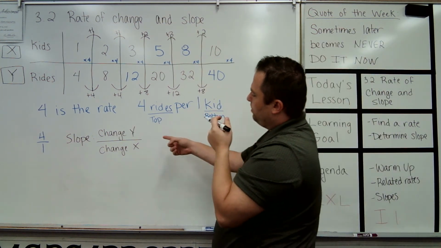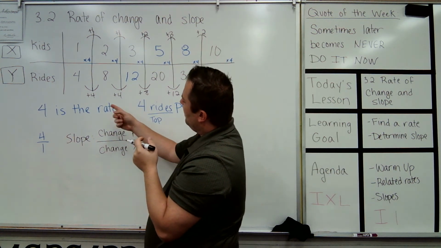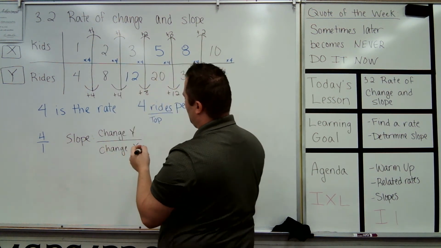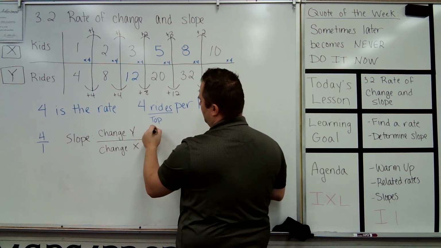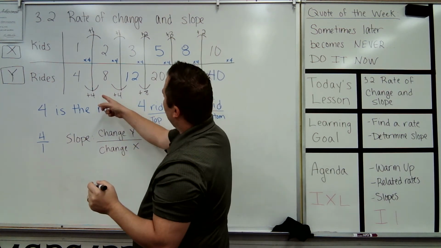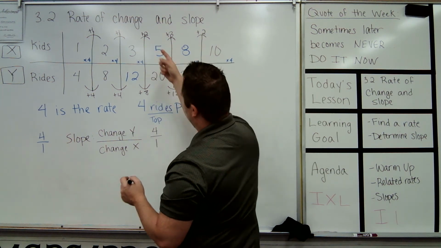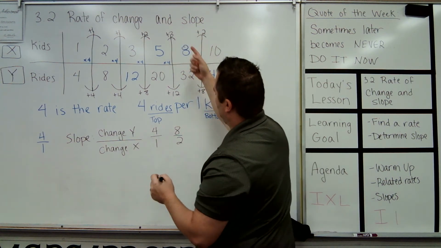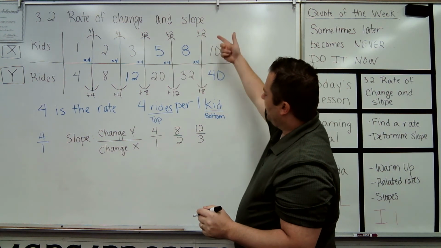So if slope is change in y over change in x, this y changed by 4. This changed by 1. So in this problem, the change in y was 4, and the change in x was 1. In the next instance, it's still 4 over 1. Then we have a change of 8 over 2, 12 over 3, and another 8 over 2.